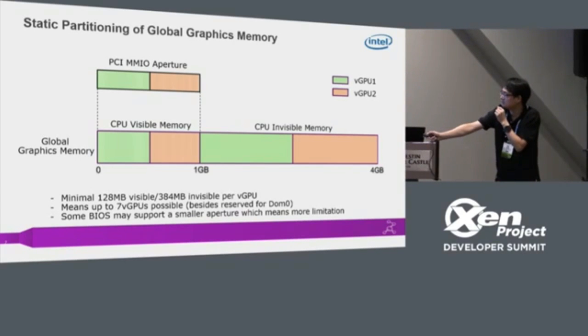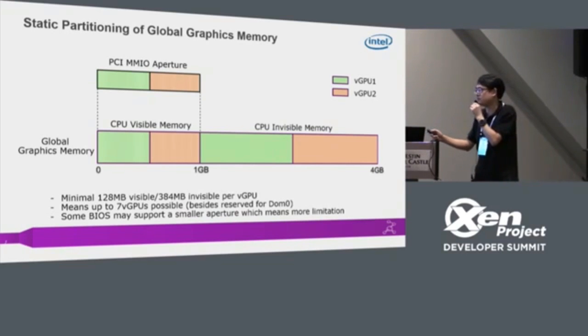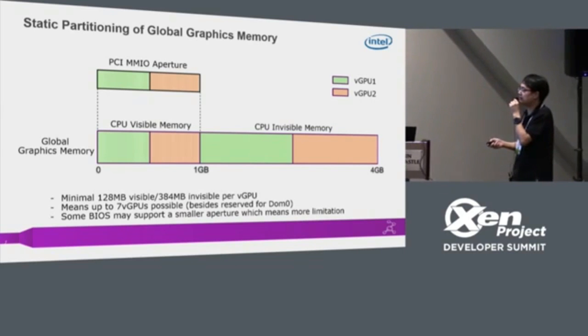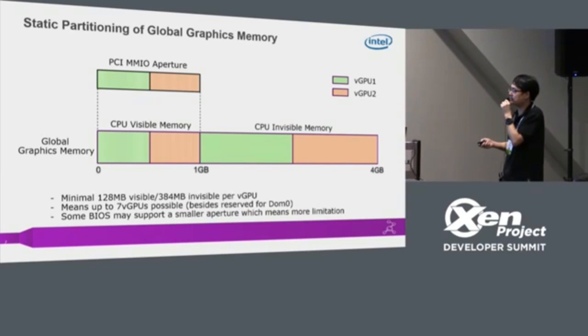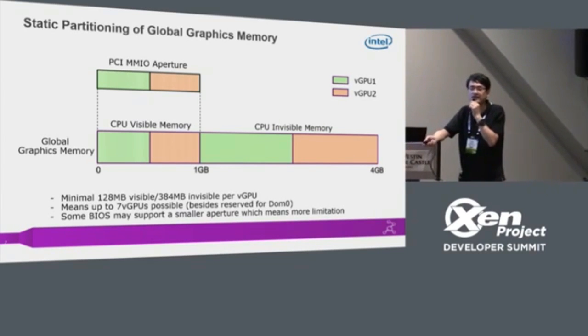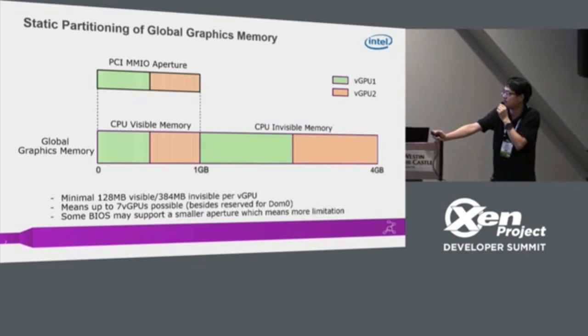Here are the 2 VMs, but once we increase the number of VMs, we cannot support it anymore because in a guest, there are minimum requirements for the aperture size and also for the invisible graphic memory size. For example, typically for a Win8 guest to run a 3D workload, it needs at least 128 MB aperture size, plus 384 MB for the invisible graphic memory.